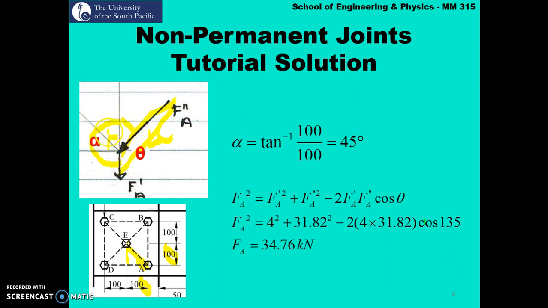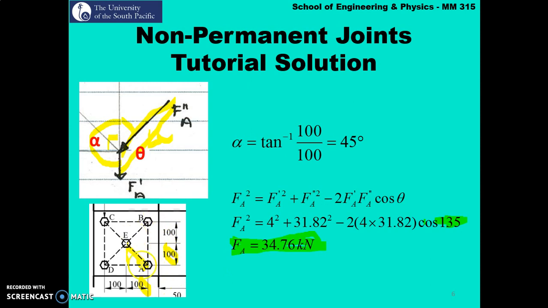So 180 is there, and this angle is 45, so this will be 45 as well. So 360 minus 180 plus alpha, you get your theta to be 135 degrees. You can find this angle theta in so many ways, so whichever way is easier for you, you can use that. So we find that your resultant force acting on bolt A is 34.76 kilonewton.